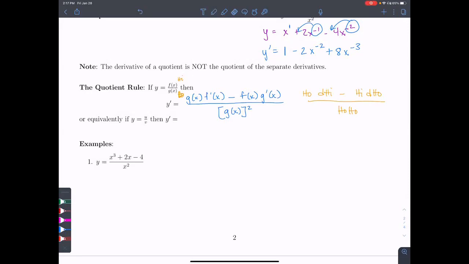Or if you're looking at u over v, y prime would be v times u prime, so low d high minus high d low over low low.